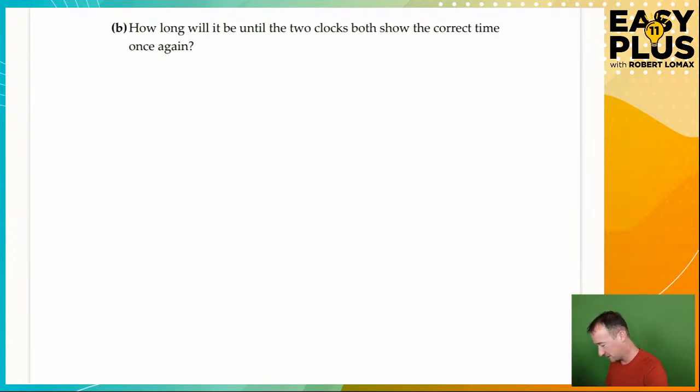Okay, how long will it be until the clocks both show the correct time once again? Right. Now, we know that they will show the same time again after 48 hours. But will that be the correct time? Well, clock A gains 10 minutes per hour. That's a sixth of an hour. So clock A is plus a sixth of an hour per hour.